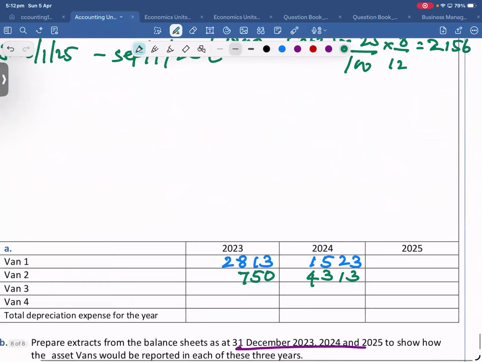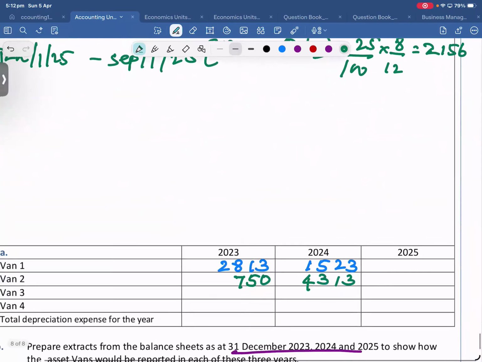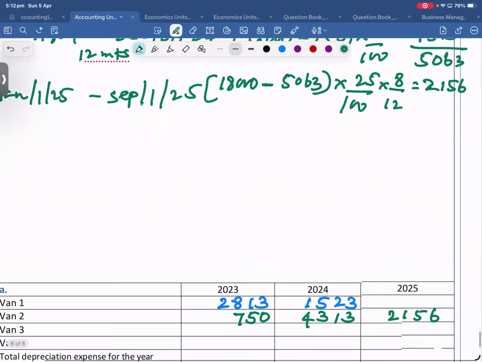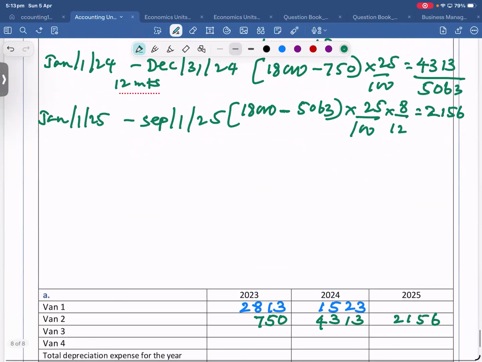So that's the depreciation expense for 1st of January to September 1st, 25.